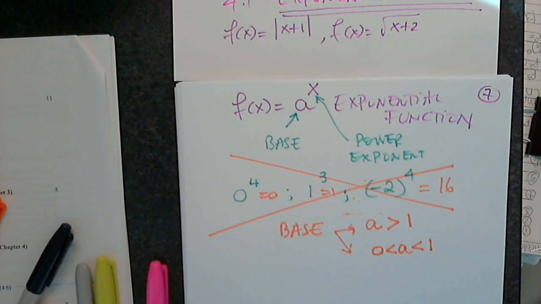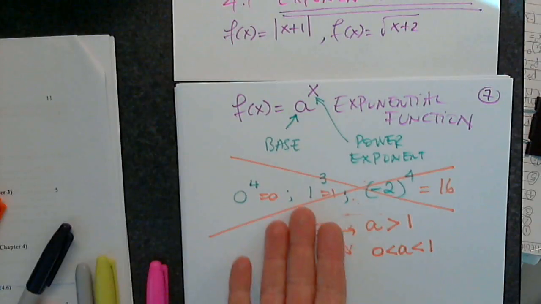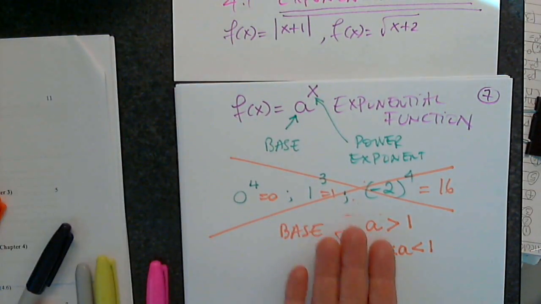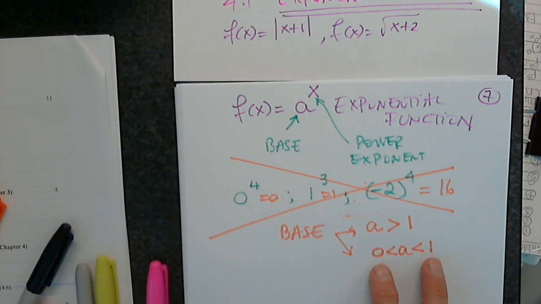Now the reason is why. We just showed that we can raise 0 to any power. We just showed that we can raise 1 to a power. And we just showed that we can raise negative numbers to different powers. How come that the base of the exponential function must be positive, not 0, and not 1? Either greater than 1 or tiny between 0 and 1.